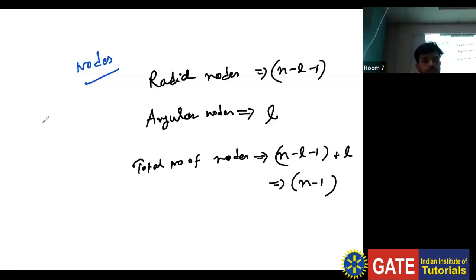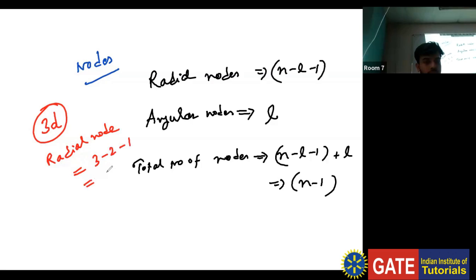If I ask you for 3D, how many radial nodes are there? How many angular nodes are there? What is the total number of nodes?